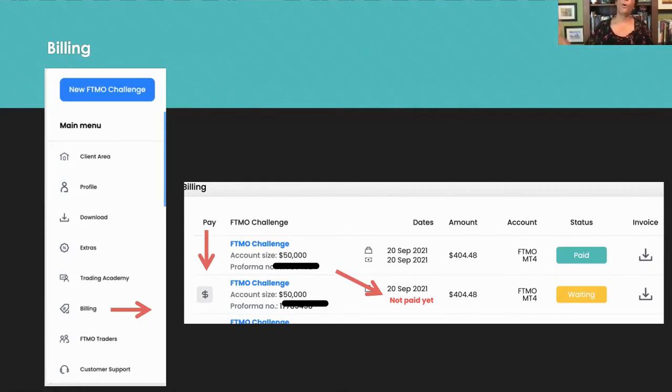Then you have to go back and try to pay it again with another process, with another charge. Just be aware of that before you call FTMO and say, "Well, I paid for your challenge. Why don't I see it?" Make sure that you received an email with an invoice first, showing the charge actually went through.